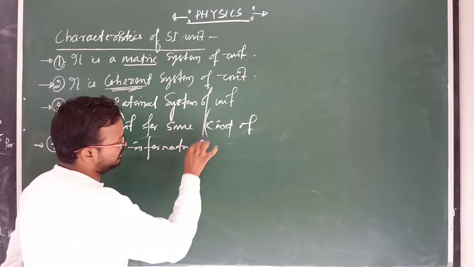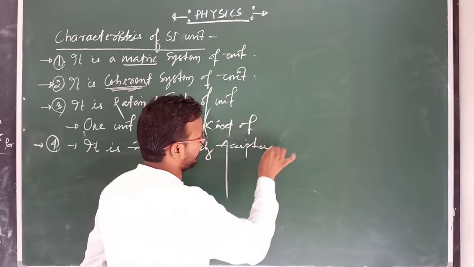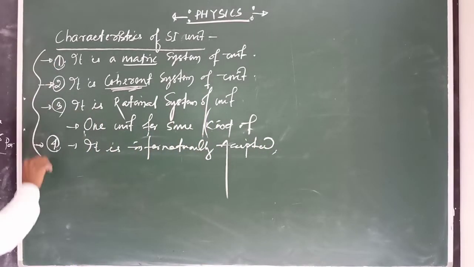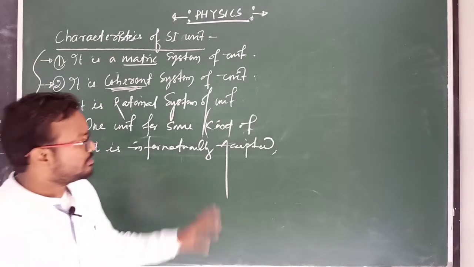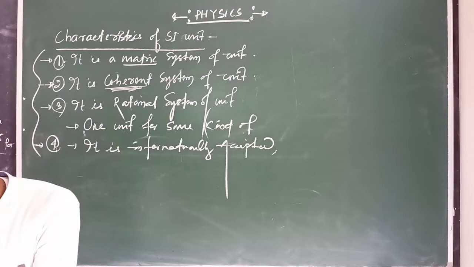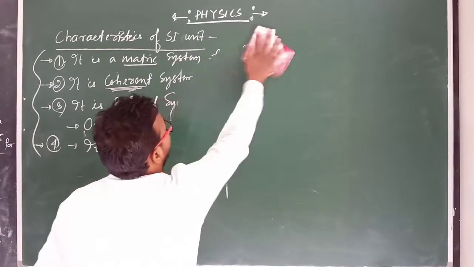Clear? So these are the characteristics of SI unit, and these are the most important characteristics. You have to remember, step by step, how the characteristics of a unit can be written.